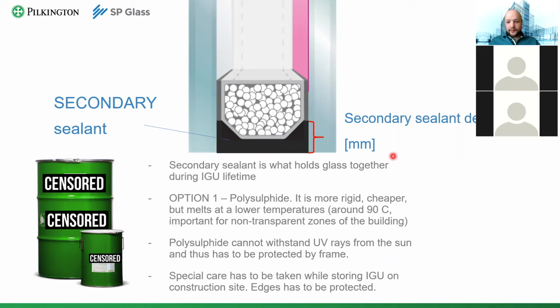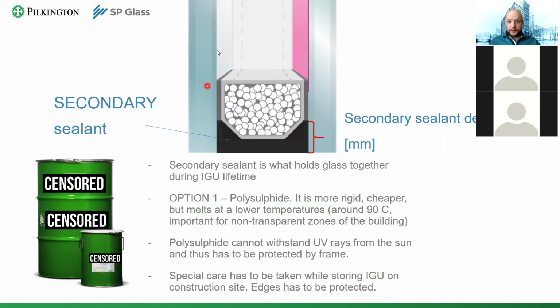And basically, we'll be talking now about polysulfide. Polysulfide is used for IG units for windows, for transom mullion systems, just for normal ones, but not for structural glazing. Because one of the disadvantages of polysulfide is that it is basically afraid of ultraviolet radiation.